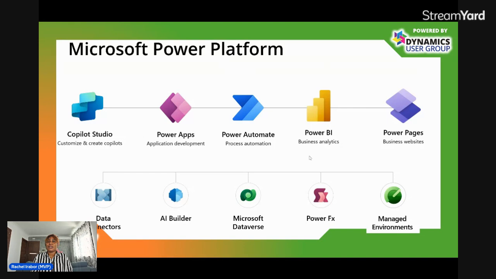You can use it to cut down repetitive tasks, and we have our Power BI, which is business intelligence, which you can use for reporting and also creating dashboards. Then we have our Power Pages, which is used for building websites. Then everything else we have on the screen, which is data connectors, AI builders, Microsoft Dataverse, Power FX, and managed environments. They are all parts of the Power Platform ecosystem.